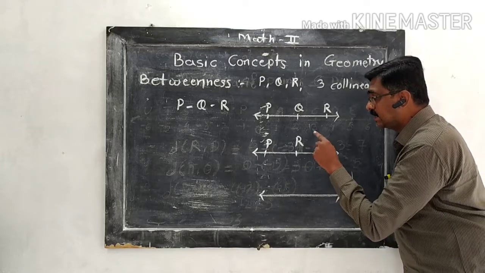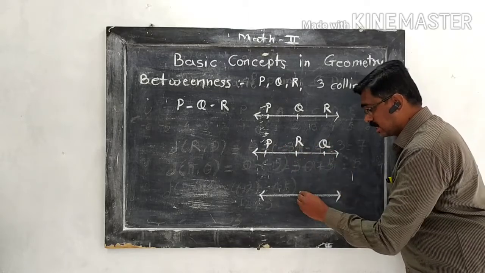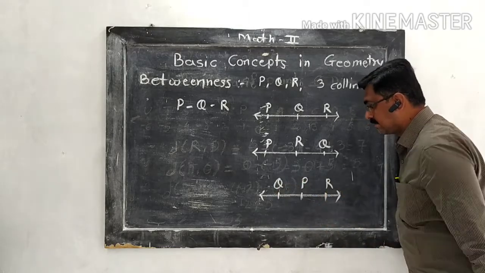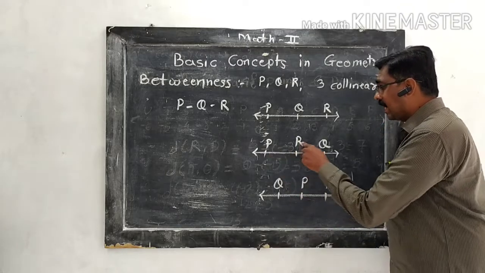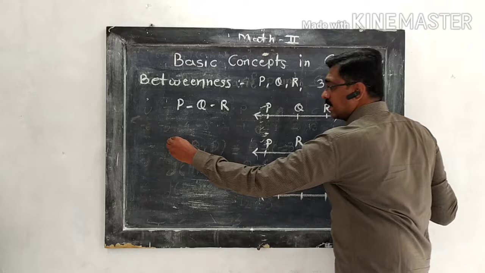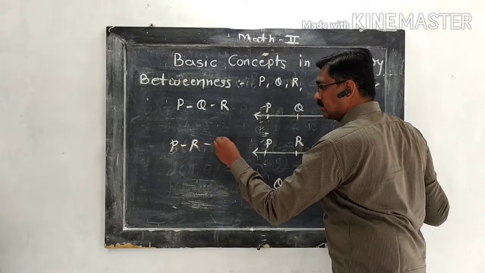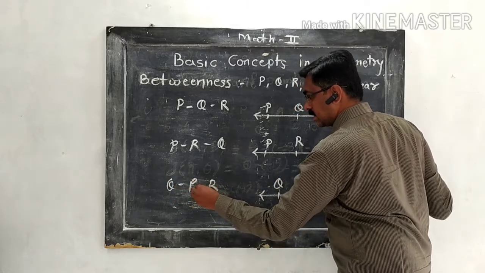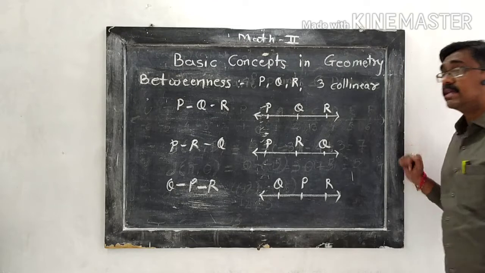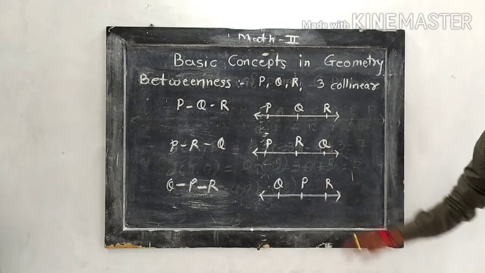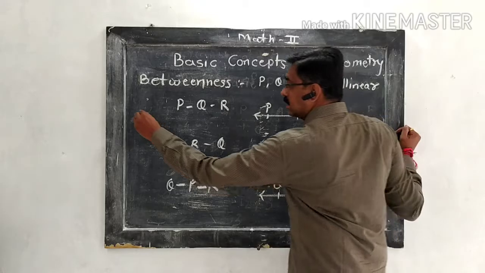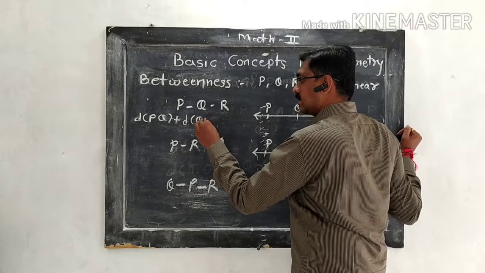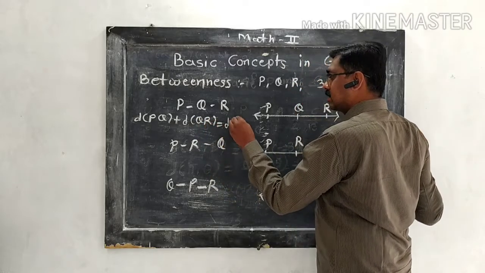And the third one is that P is between Q and R. R between P and Q is shown by this P-R-Q, and this is shown by this Q-P-R. So it is called betweenness about the three points. Also one more thing, that here we can say distance PQ plus distance QR equals distance PR.